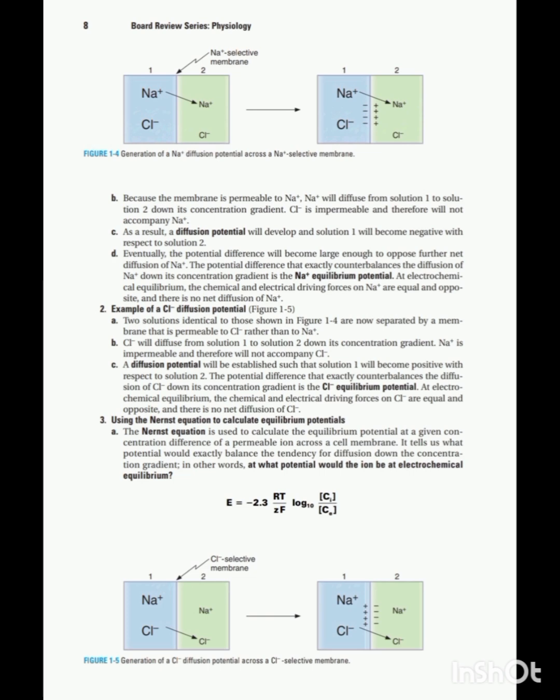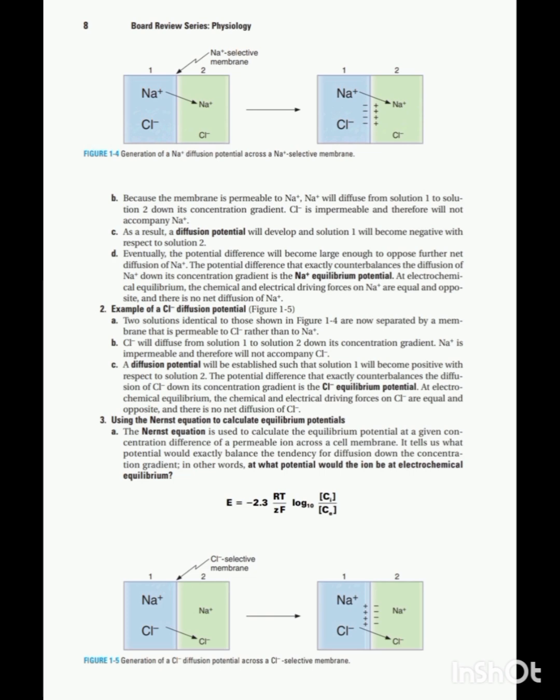The potential difference that exactly counterbalances the diffusion of sodium down the concentration gradient, we call the sodium equilibrium potential. And for the chloride diffusion potential, everything is the same, but now the membrane is permeable to only chloride rather than to sodium. The only difference is that now the diffusion potential will be positive, because chloride is diffusing from solution 1 to solution 2, and sodium remains behind.